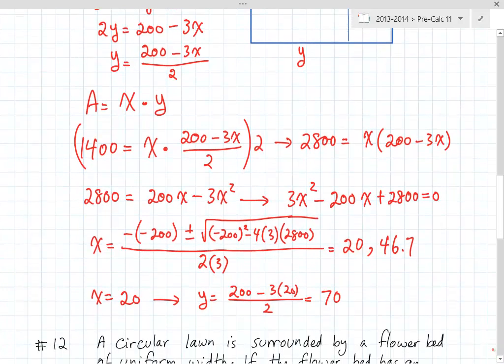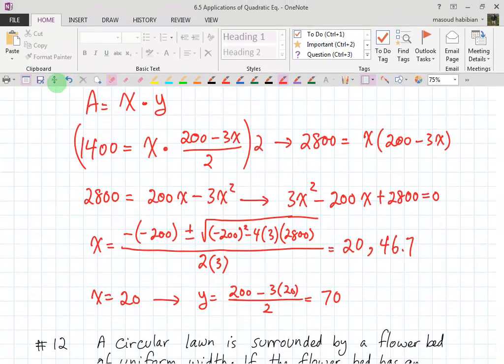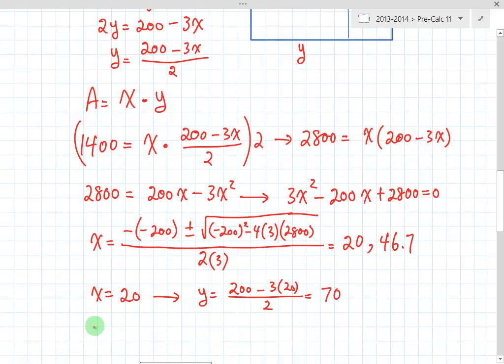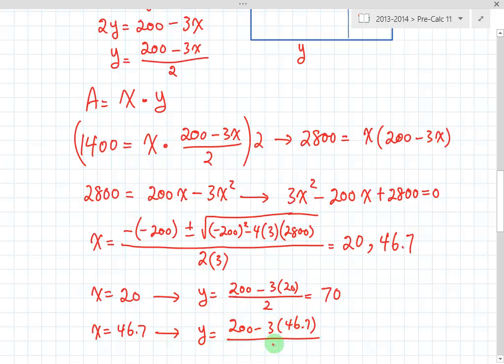So one set of dimensions is going to be 20 by 70, and another set of dimensions, when x is equal to 46.7, I get y is equal to 200 minus 3 times 46.7 divided by 2, which is equal to what? 30. Right? So I get 2 different sets of dimensions.